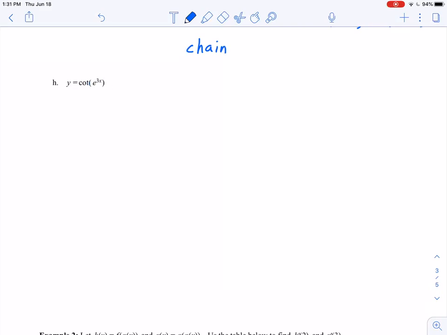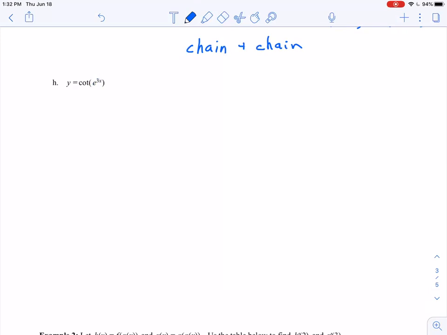This one's very subtle, and so it's actually a simple case of a chain rule inside of a chain rule. And I'll show you why that is here. So let's just look at this part first.